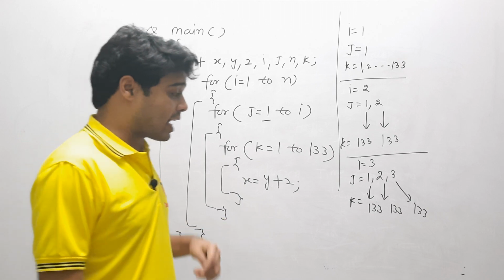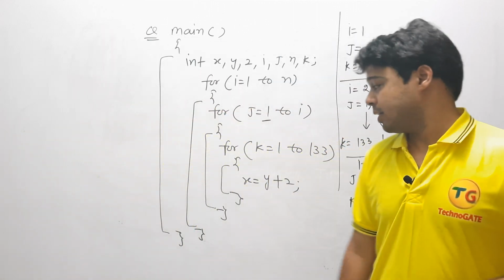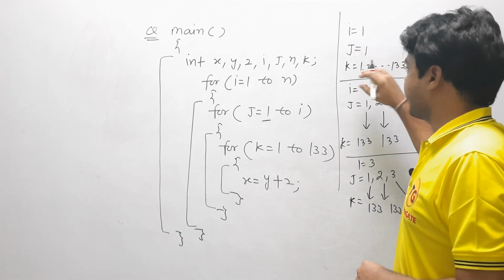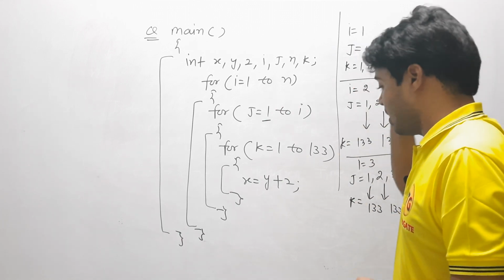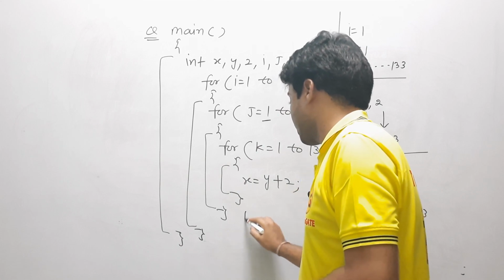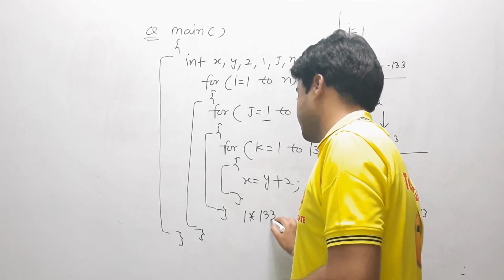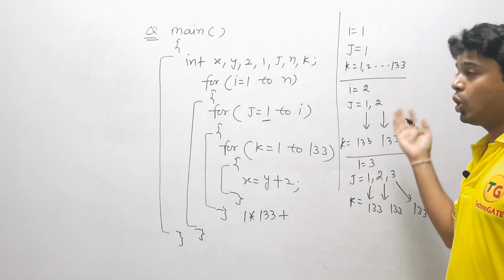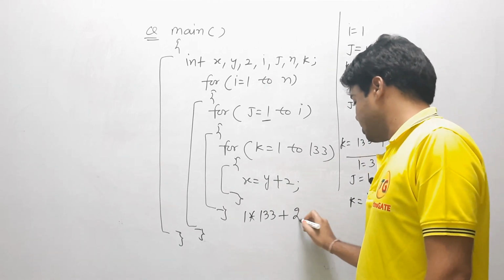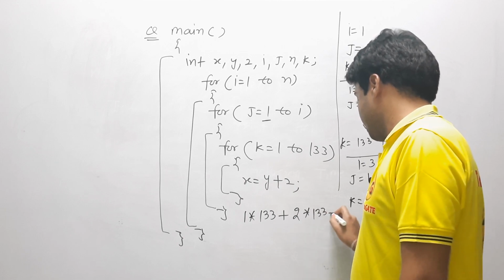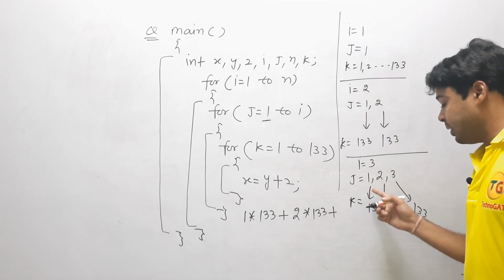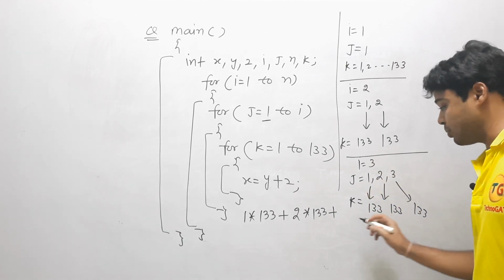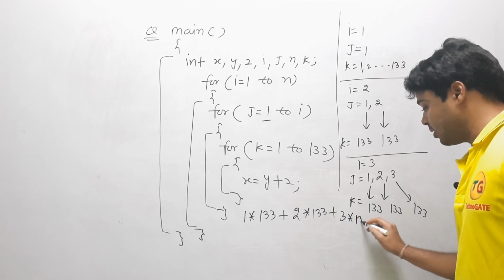So what is the expression here? Here the i value is 1, j value 1, k goes 133 times. So 1 into 133 times, plus again here 133 plus 133 means 2 into 133 times, plus in this one i is 3, then k goes 133 times, means 3 into 133.